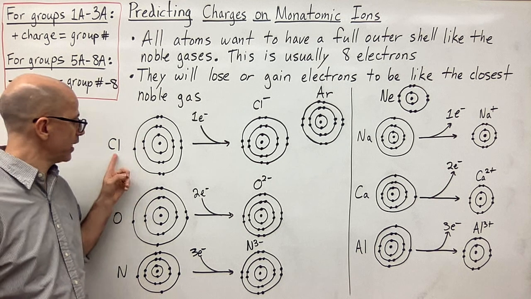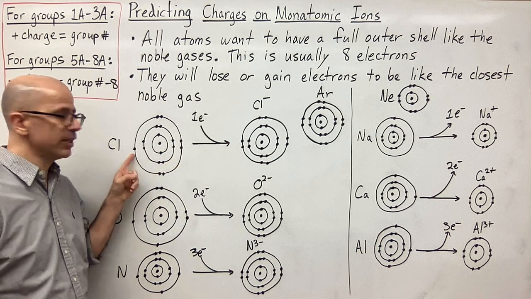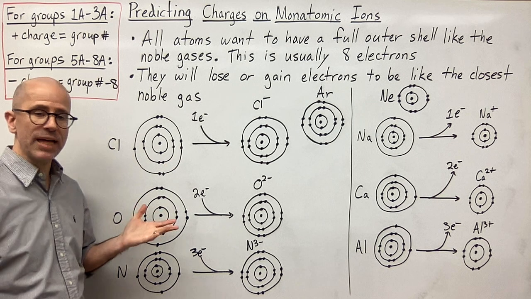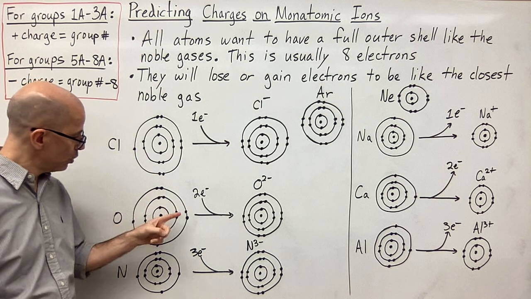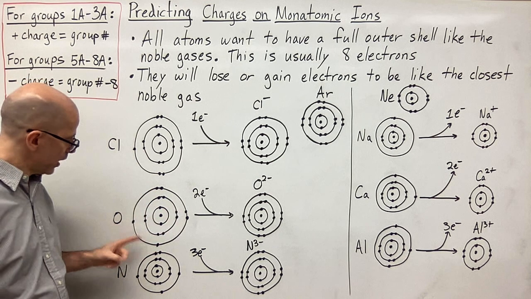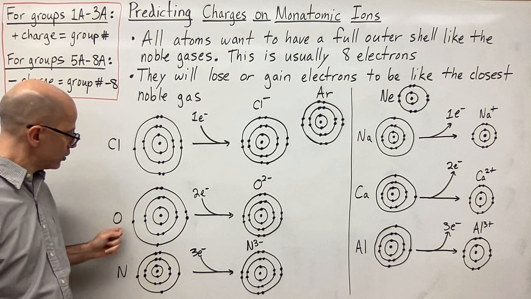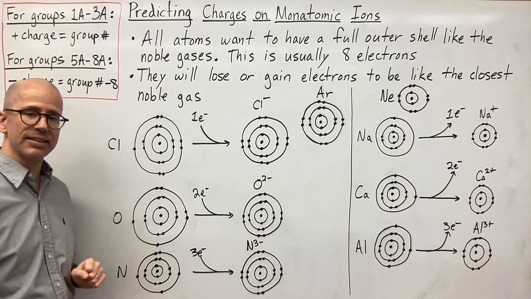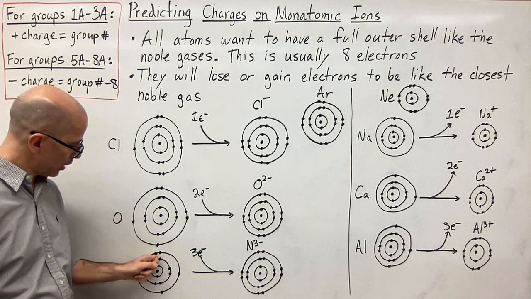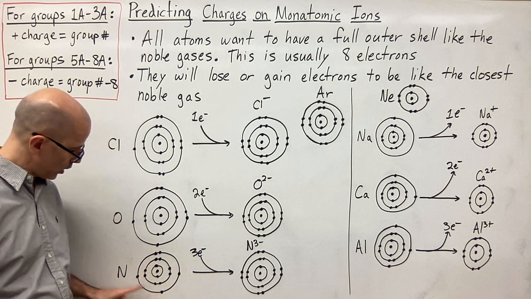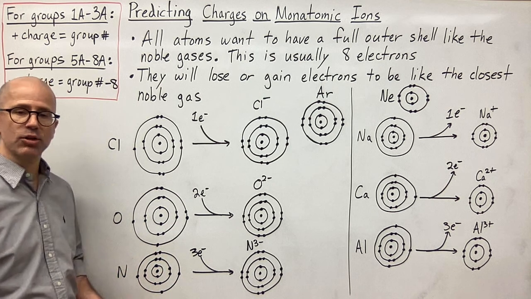So since chlorine has 7 valence electrons, therefore it's in group 7. Oxygen here has 2, 4, and 2 here. That's 6 valence electrons, so it's in group 6. Nitrogen has 5 valence electrons, 2 here, 1, 1, and 1. So nitrogen is in group 5.